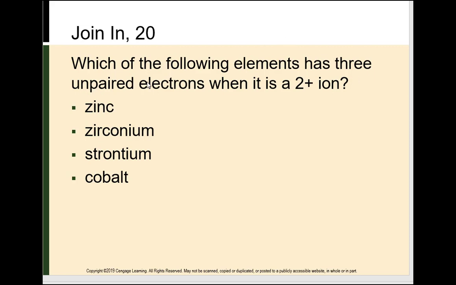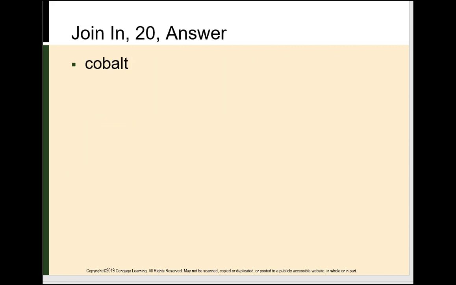Which of the following elements has 3 unpaired electrons when it is a 2+ ion? You're going to need to draw the orbital box, and hopefully you found that it was cobalt. So cobalt's highest electron row is 4s2 3d7.